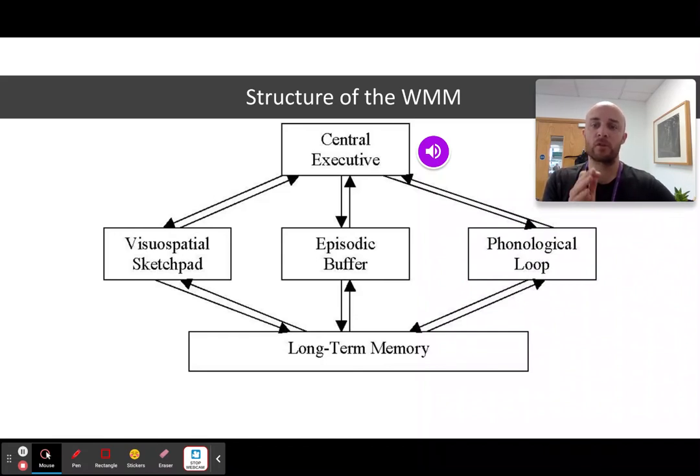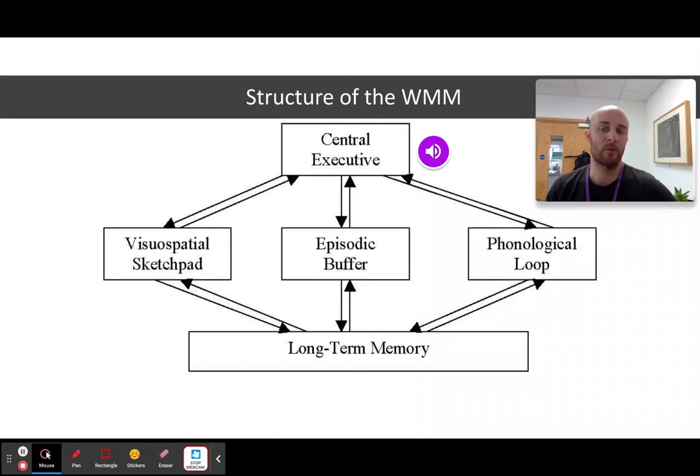It's about how your short-term memory processes information coming into it. Now, we already know from the multi-store model that short-term memory is fragile. It decays very quickly. It's easily distractible. So this theory goes into it.